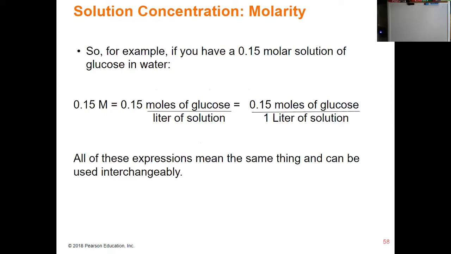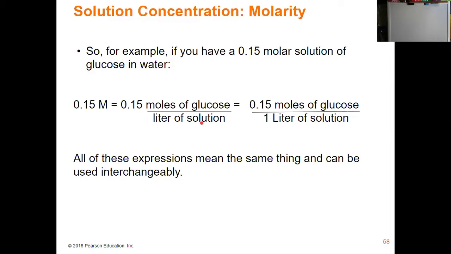I wrote out a sort of repetitive example, but I wanted you to see the different ways that you can represent the same idea. Let's imagine I have some glucose dissolved in water, and the solution is 0.15 molar. That would be represented in shorthand like this, where you have 0.15 and then a big M. What that means is that I have 0.15 moles of glucose over liters of solution.